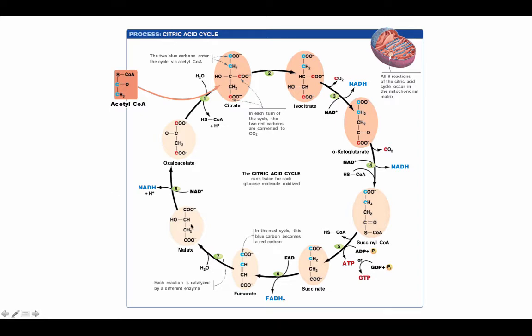And so if we continue to track these blue carbons that came in from this cycle, one of the 2 of them is going to end up being destined to be removed in the next round. The other one is going to continue to be part of this chain for one more cycle.